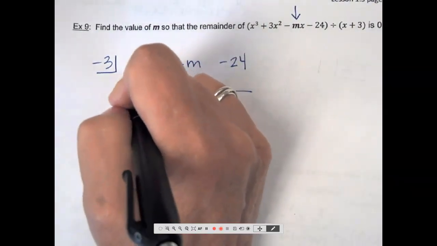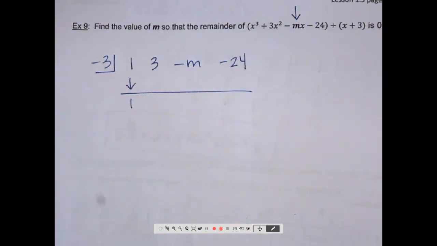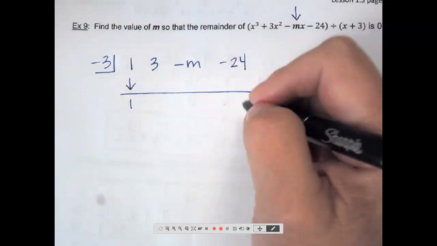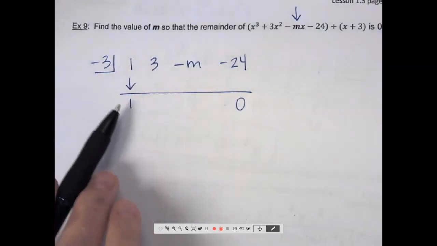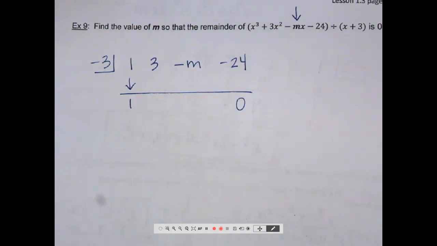Now, I know that 1 will come down. And if the remainder is 0, what do I do with that information? Move it to the curve. This is 0 under the 24. Now, I think you could probably work backwards or forwards on this. Let's just start at the beginning. So, negative 3 times 1 is negative 3.